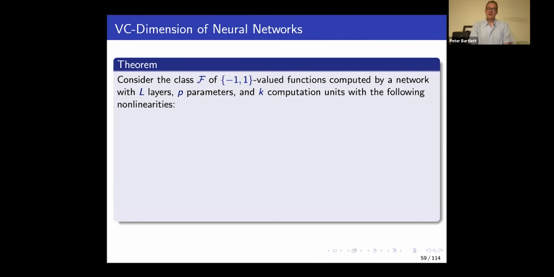If we think about a network of that sort, with L layers and P parameters, and in some cases we need to know the number of units, the number of nonlinearities applied, then the VC dimension bounds that are known depend on the nonlinearities. As I mentioned, if you throw in a sinusoid as your nonlinearity, you can immediately, in 2 layers with 1 or 2 parameters, get an infinite VC dimension.